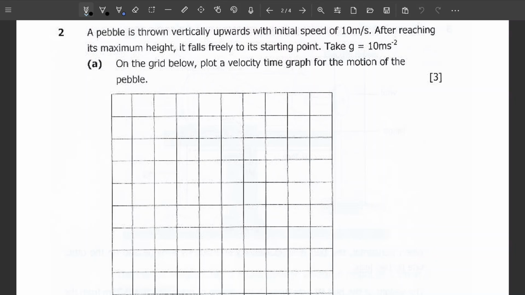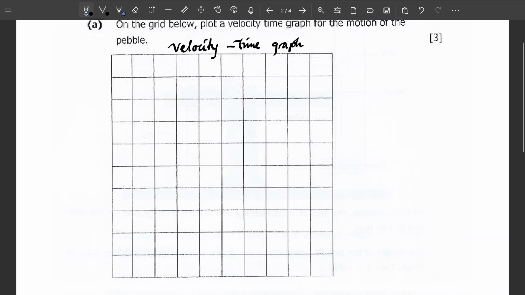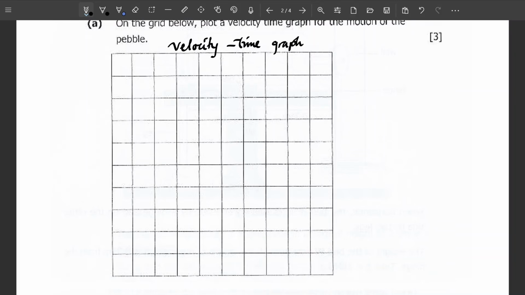So, a velocity time graph should have the vertical axis here.